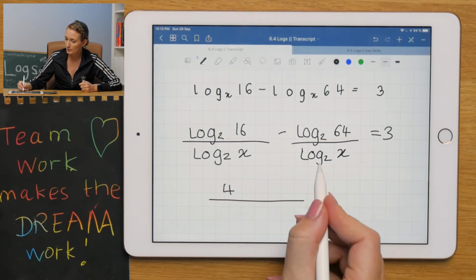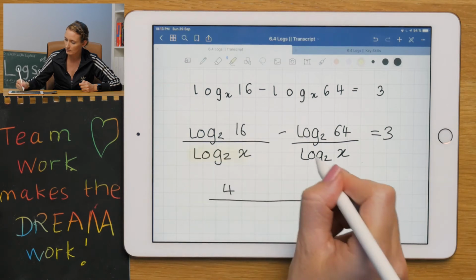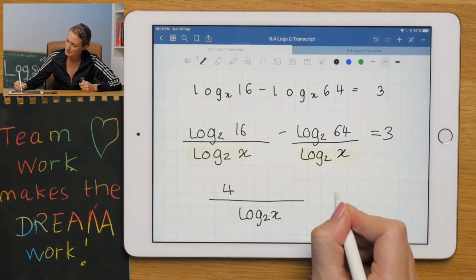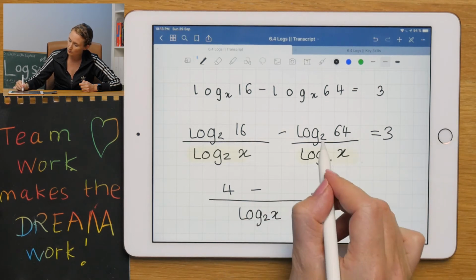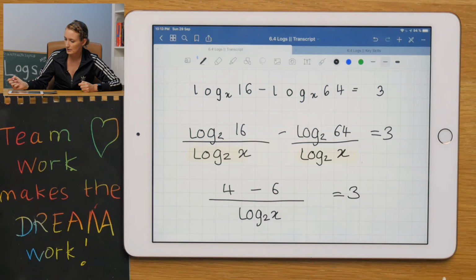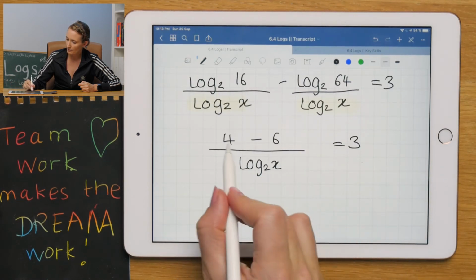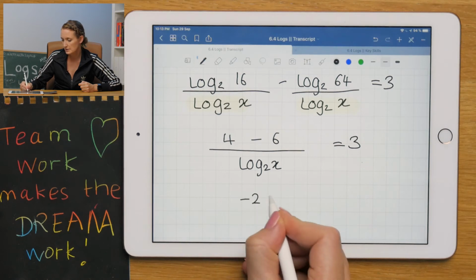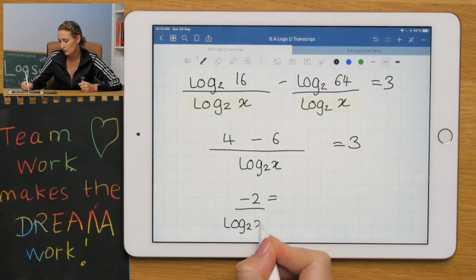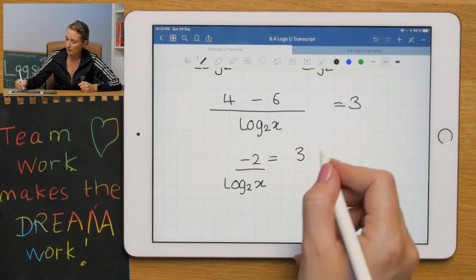We can make a common denominator because now our denominators are both the same. Log 2x equals 3. And 2 to the power 6 is going to be 64.